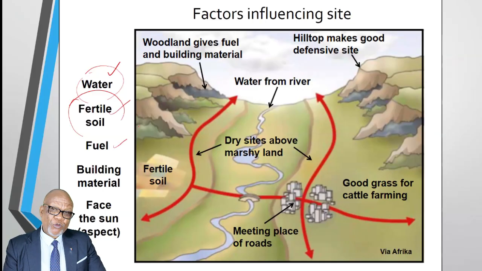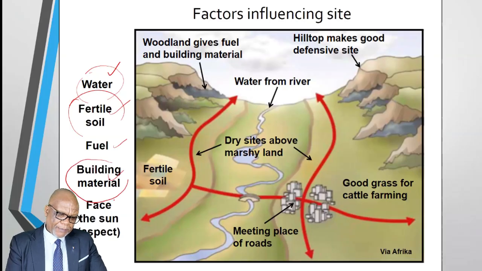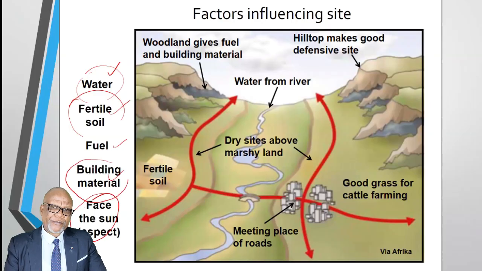They're going to need fuel, which is the trees that can be cut to make fire. Building material is also going to come from the trees that can be cut, and the grass that can be used for roofing. And then we also look at the direction to which the slope is facing, which is called the slope aspect.